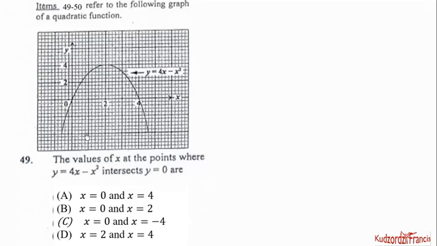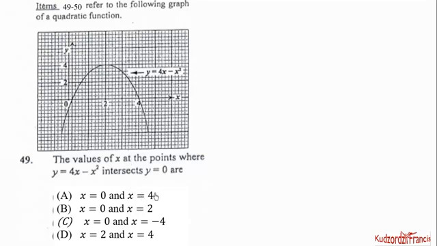Now item 49 to 50 refer to the following graph of a quadratic function. The values of x at the point where y equals 4x minus x squared intersects y equals 0. So y equals 0 is this line, so that will be x equals 0 and x equals 4.